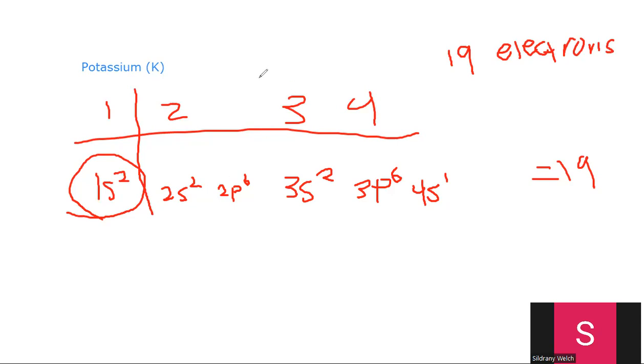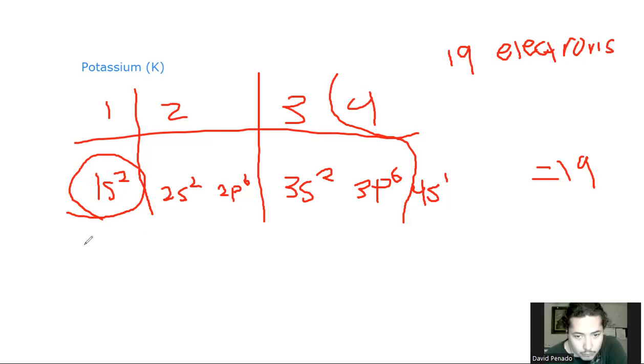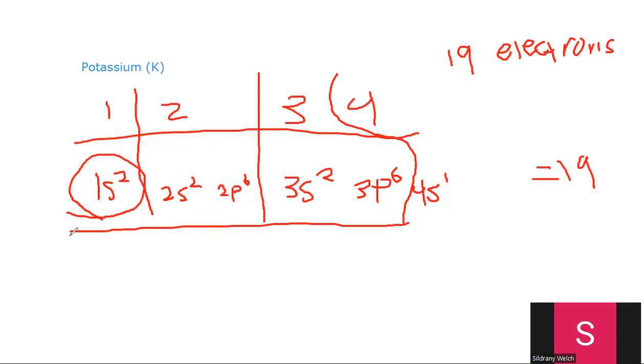Then 2s can also only carry 2. Yes, any s can only carry 2. And you don't jump from a 1s to a 2p. You always go 1s, 2s, and then p. And then for the p, the maximum is 6. Do you know the other way to write this?